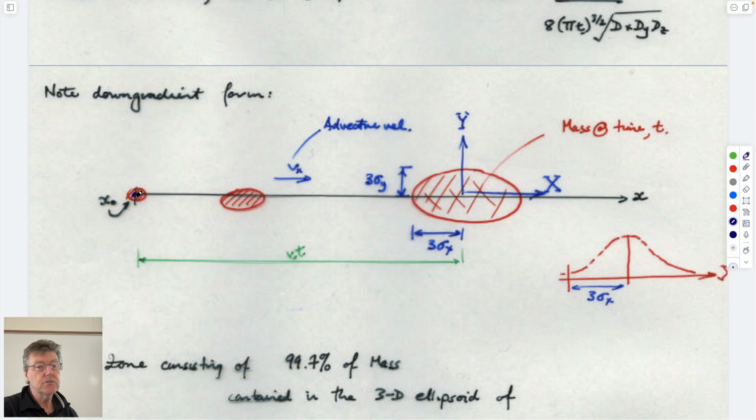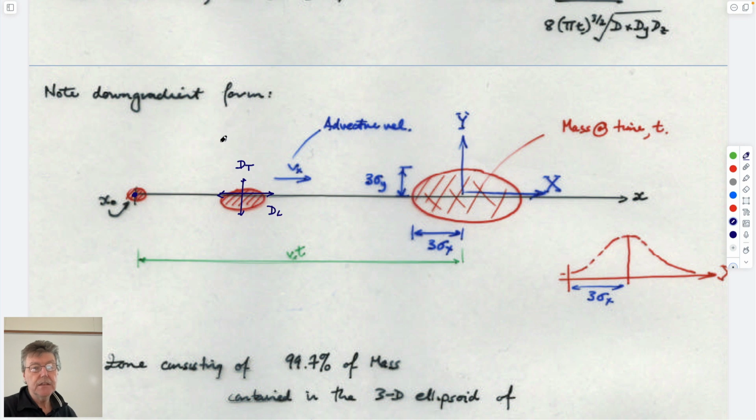So you put it in downstream at time 0. As it moves downstream, then it broadens. It broadens because there's some dispersion in the transverse direction and some dispersion in the longitudinal direction, DL. Likewise here.